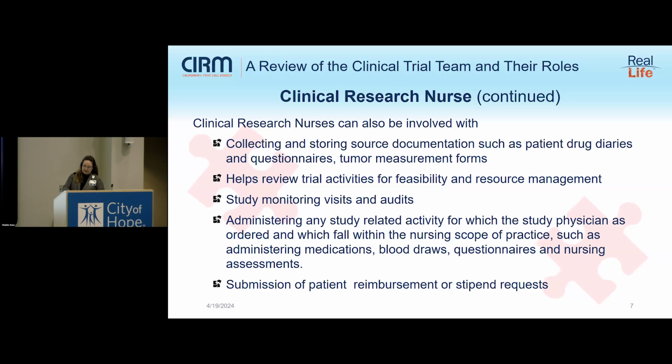Some CRNs administer and carry out study-related activities which are ordered by the study physician, as long as they fall within the nursing scope of practice, such as questionnaires and nursing assessments. Some of those assessments may be what we call mini mental state exams, MMSEs, or immune effector cellular encephalopathy assessments, shortened called ICE assessments, where we talk to patients and try to assess whether they have any neurotoxicities related to the immune effector cells.